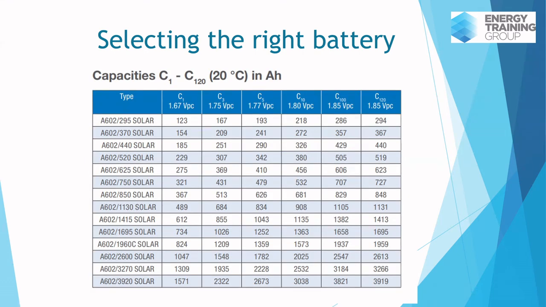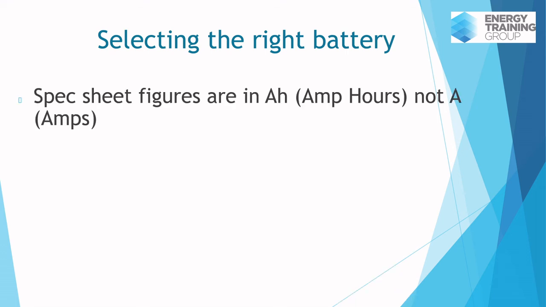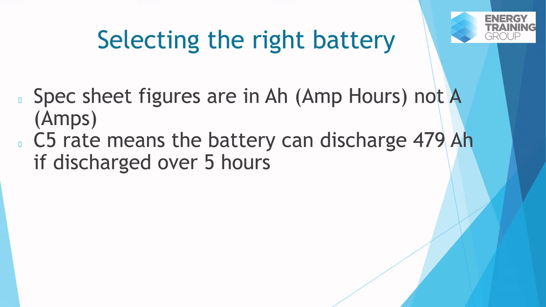So we go back to our battery, and we're going to compare it to the C5 rate. We grab our C5 rate, which we can see is 410 amp hours. Remember that a battery spec sheet is in amp hours, not in amps. So now we need to convert that. If it's a C5 rate, what that's telling you is how many amp hours will be discharged from the battery if you discharge it over 5 hours. So you need to work out what the discharge rate is over that 5 hours.